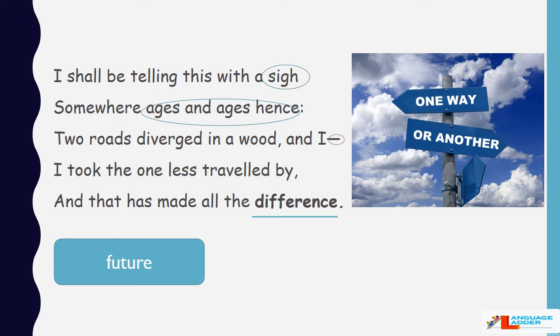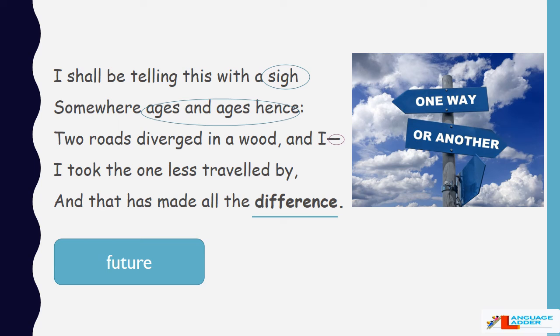What he perhaps wants to say is that whatever choice he made, in this case, he chose a road less traveled by, and that made all the difference in his life. So the poem in a way highlights the importance of choices that we make in life and how these choices help us design our lives.